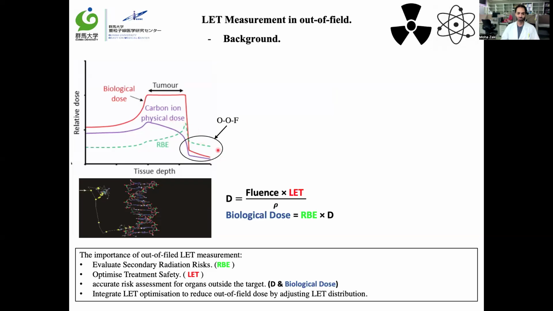These secondary particles with high LET and short range are capable of causing double-strand break damage, which can deliver an excessive amount of dose in the out-of-field healthy tissues and impact the biological effectiveness in these normal tissues, because they are capable of causing serious damage, double-strand breaks.